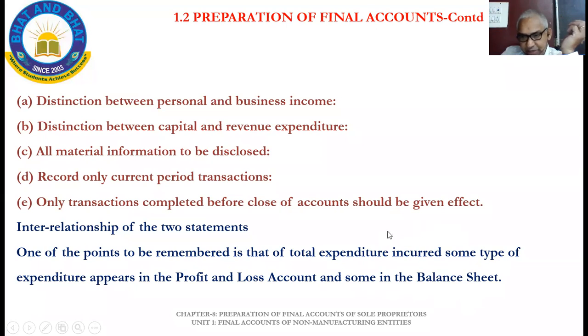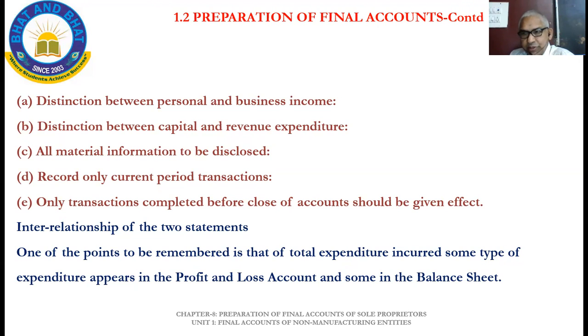An example I will take. Suppose the enterprise has 5 buildings which are given on rent by that business. Take the same example. Say February and March rent is not yet received on 2 buildings, which amounts to, say, 60,000 rupees.